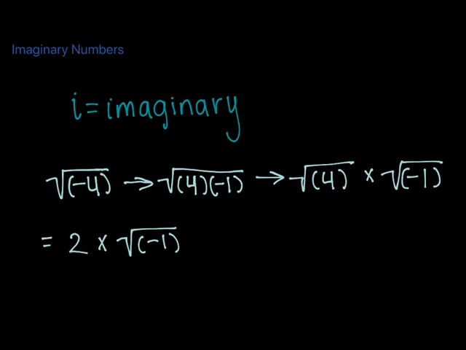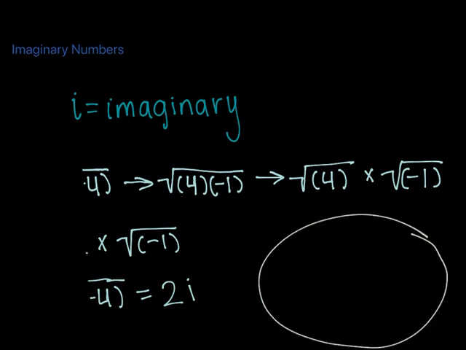And we now know that the square root of negative 1 is I for imaginary, so the square root of negative 4 equals 2I. So it's just the square root of positive 4 times I. So from this problem, we can derive a general equation saying the square root of negative x would just equal I times the square root of positive x.